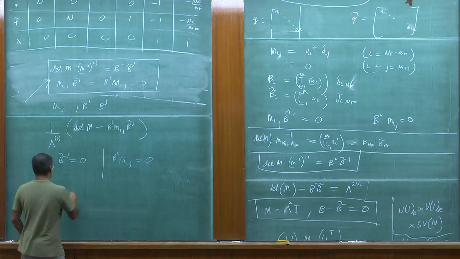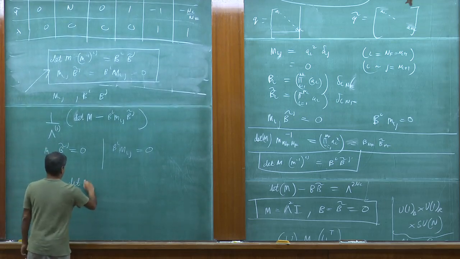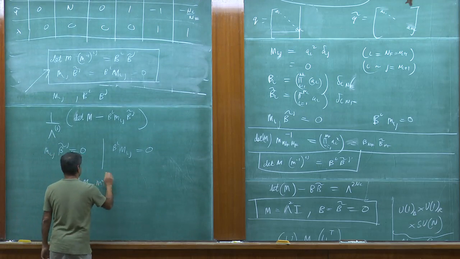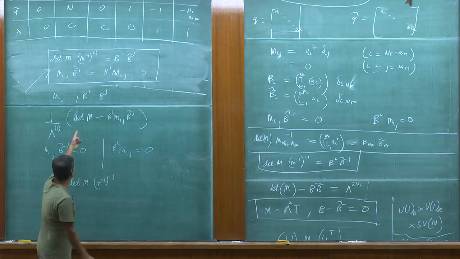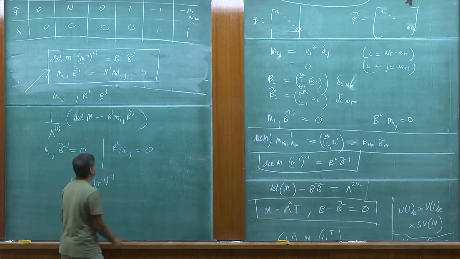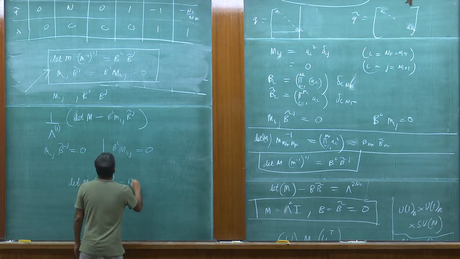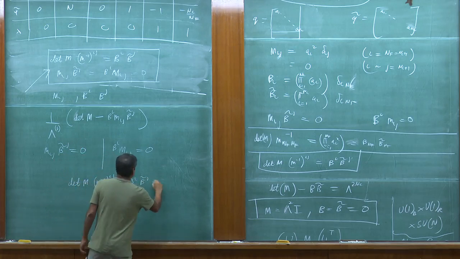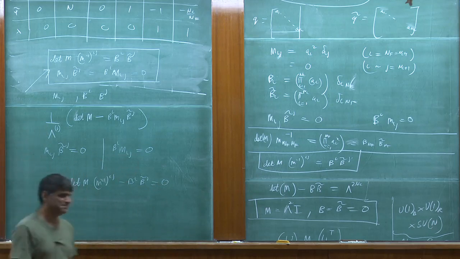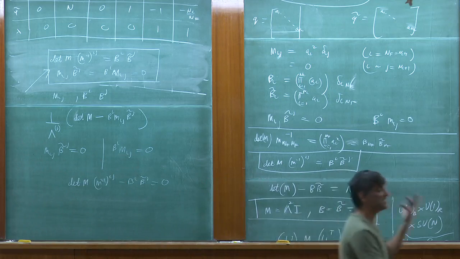Okay, it tells us that det M times M inverse Ij, that's the variation with respect to M, the minor, minus B_i B tilde j is equal to 0. Notice these are the three classical equations. These are the three classical relations.